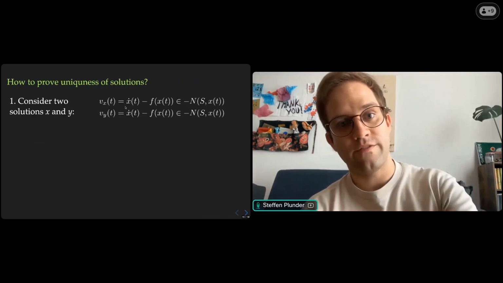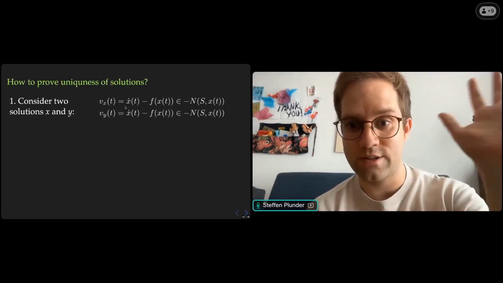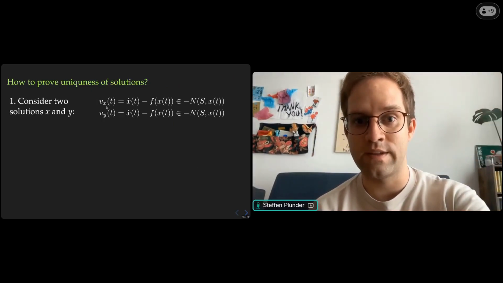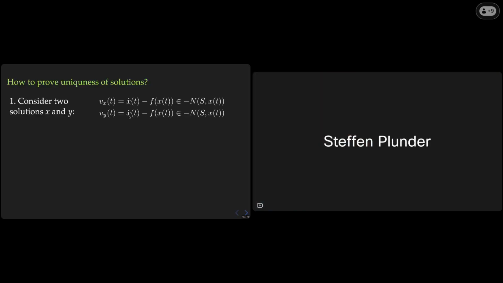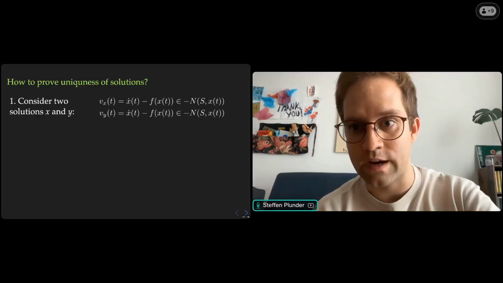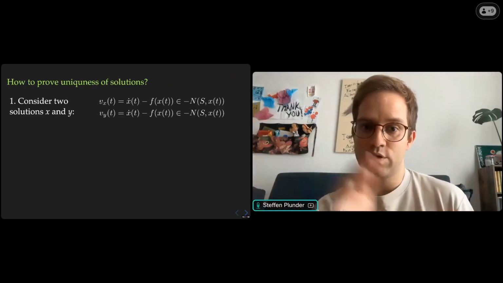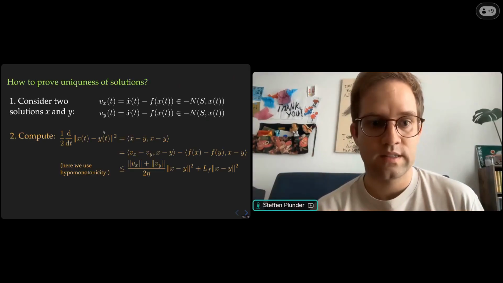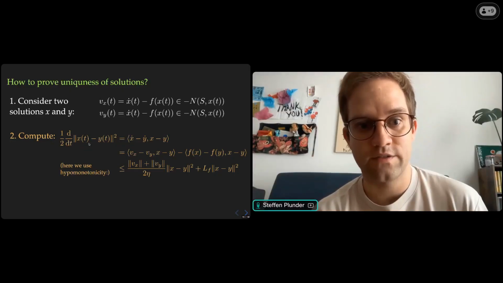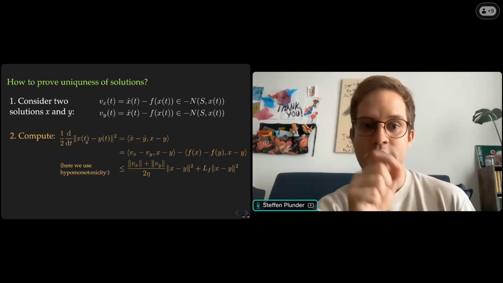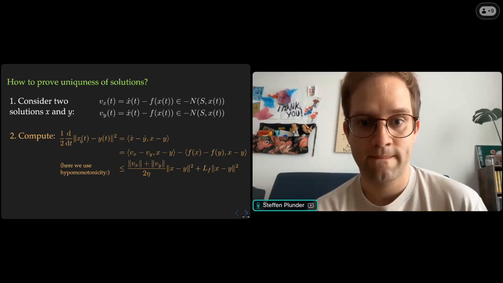So if we consider that there are two solutions of our system, x dot minus f of x of t and y dot minus f of y of t, then we could compute a time derivative of the square norm of the difference of the two solutions.